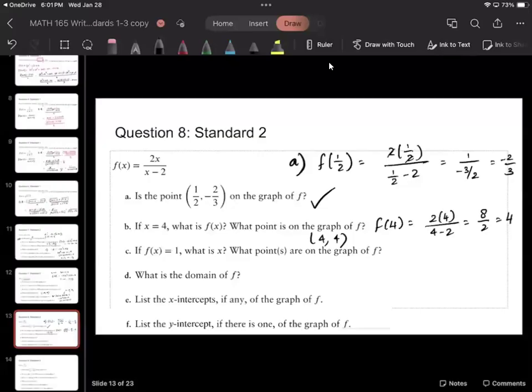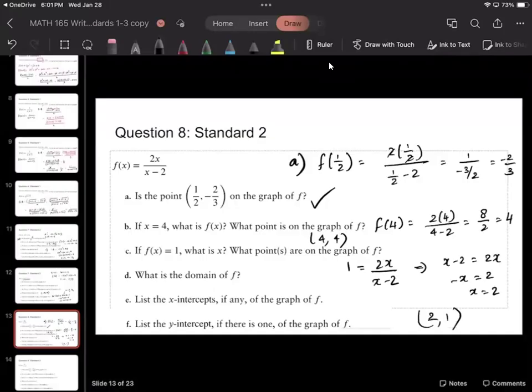If f of x equals 1, what is x? So they're asking you to solve this equation. Cross multiply. x minus 2 is 2x. Negative x is 2, or x is negative 2. What is the point on the graph? (2, 1) is the point on the graph.